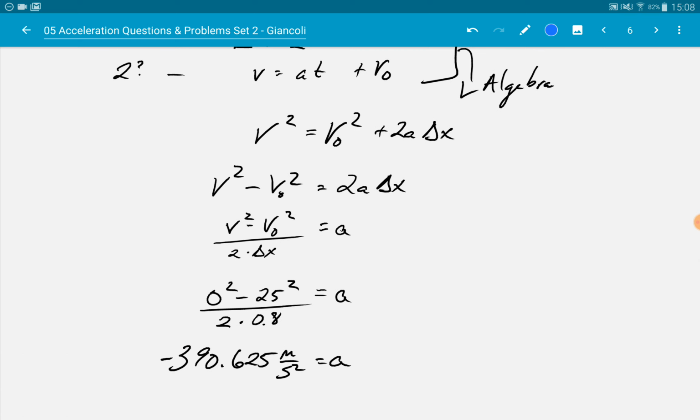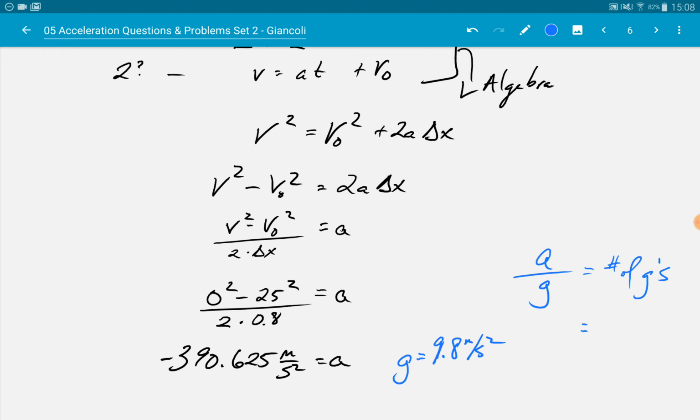All right, now it asks for this acceleration in terms of numbers of g's. It said that a g was 9.8 meters per second squared. So I'm going to take our acceleration and divide it by the standard g, and that will give me the number of groups of g's. You could imagine if the acceleration was exactly 9.8, you'd have 1g.